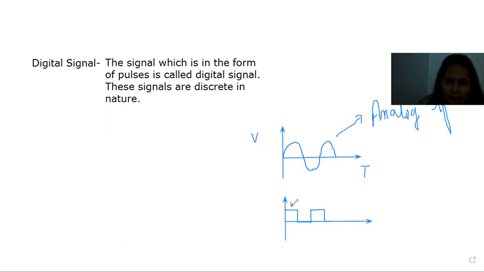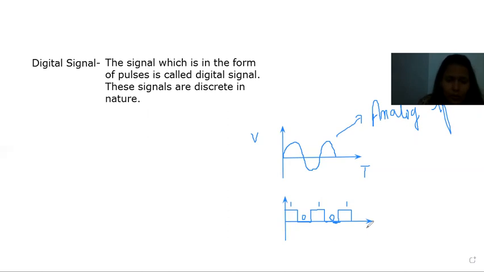It represents 1, it represents 0, and it represents 1. It is 0, it is 1.